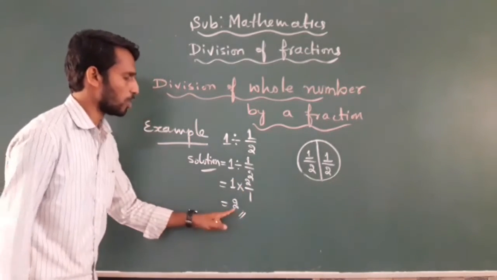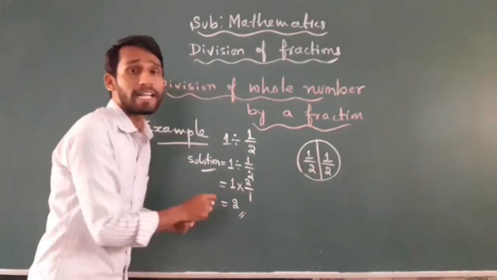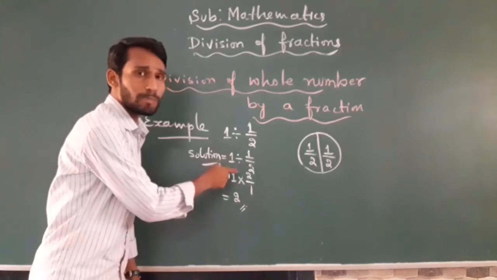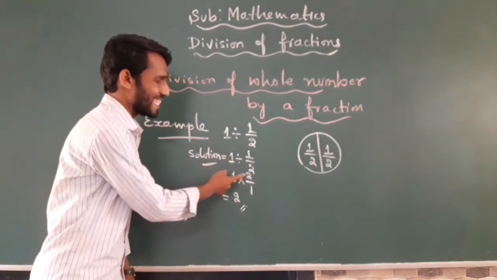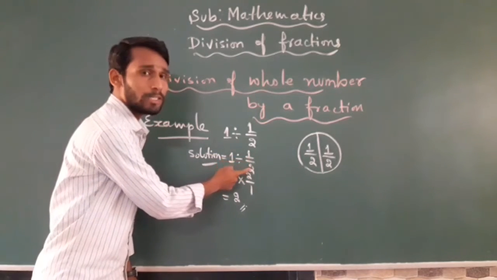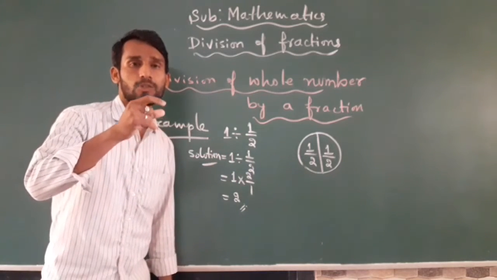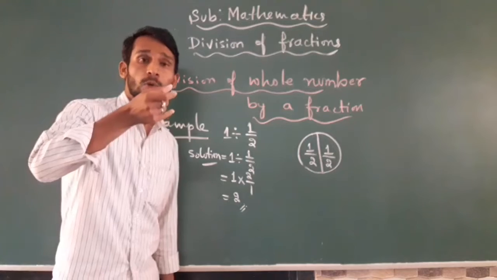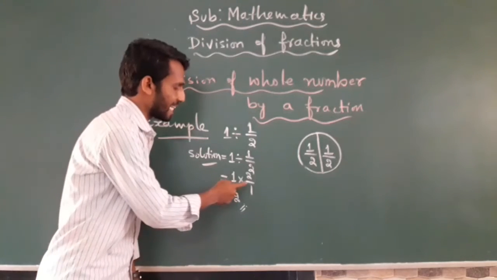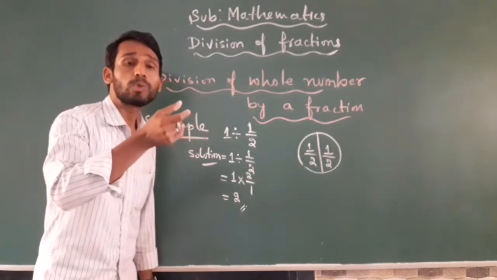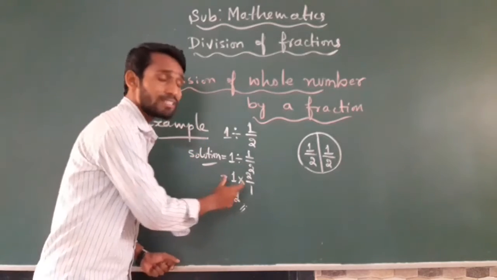So we are getting 2 pieces. Dear students, in this problem I have taken the reciprocal of 1 by 2. Reciprocal means we interchange the numerator and denominator. This we call the reciprocal. When dividing by any fraction, we take its reciprocal to divide.